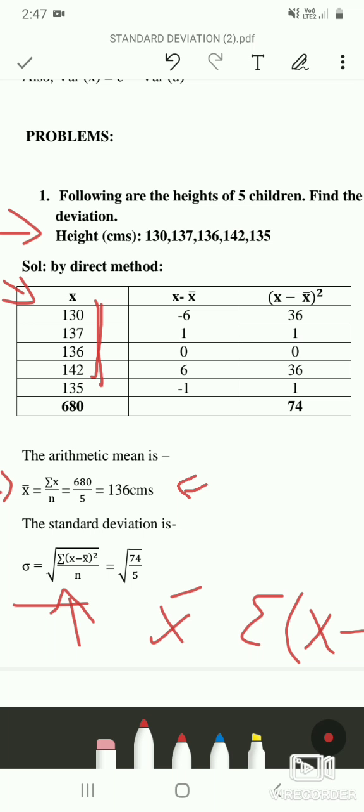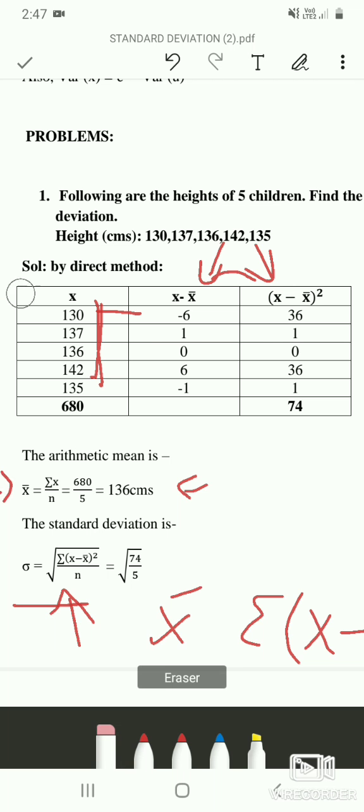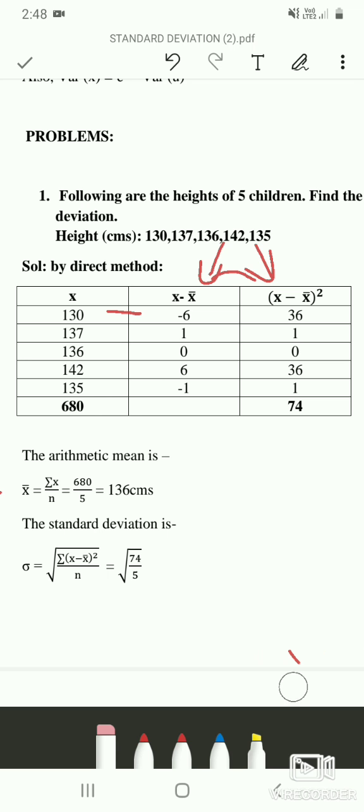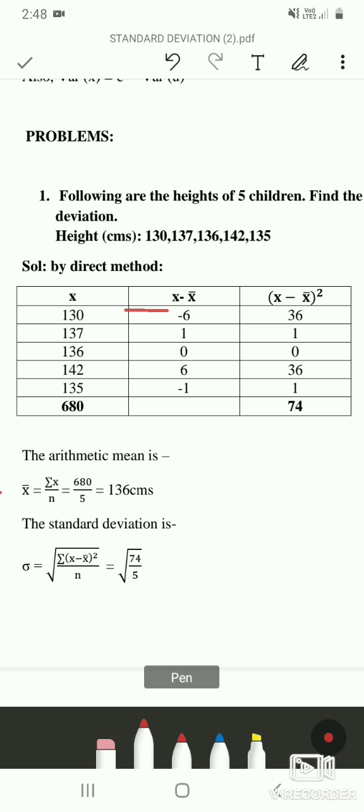Once you get x bar, we require x minus x bar. You can calculate this step directly, or you can make two tables to obtain summation (x minus x bar) whole square. For the first value, x is 130 and x bar is 136 centimeters, so x minus x bar is 130 minus 136, which is minus 6.